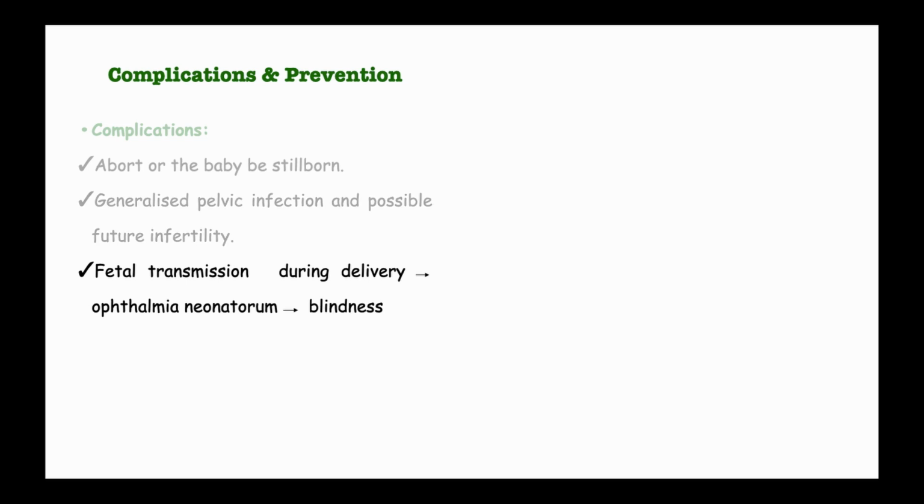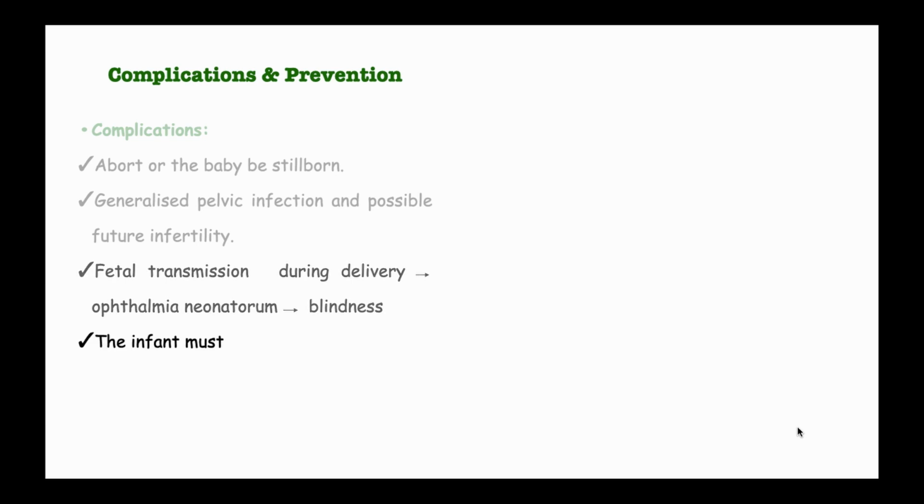Now, there may also be fetal transmission during delivery if the woman had gonorrhea which was not treated before delivery, and so these neonates may have what we call ophthalmia neonatorum, and this disease can even cause blindness in the neonates if care is not taken.